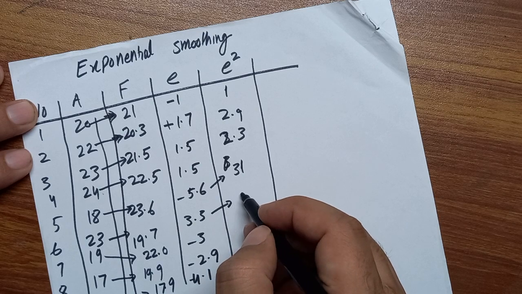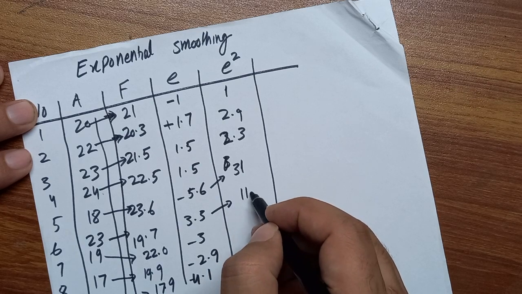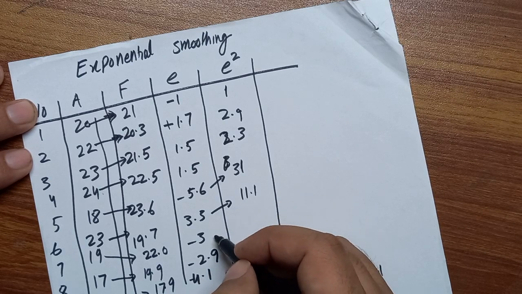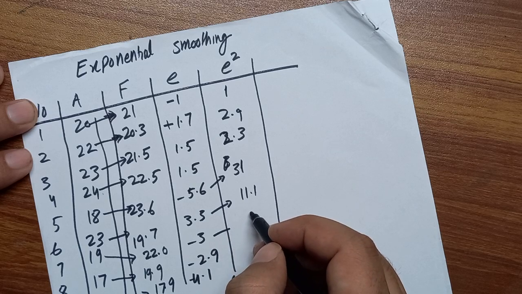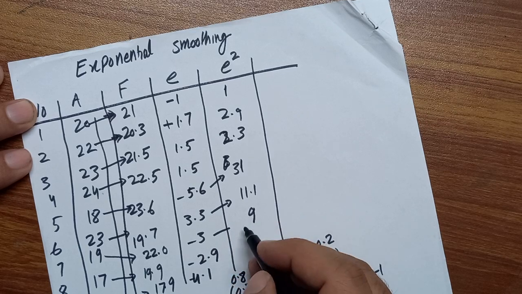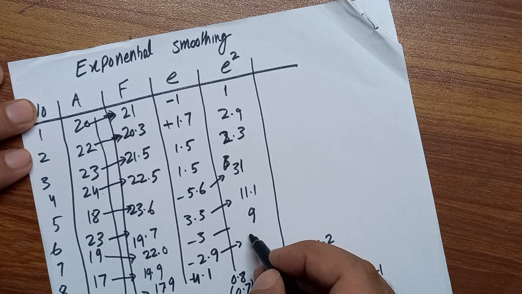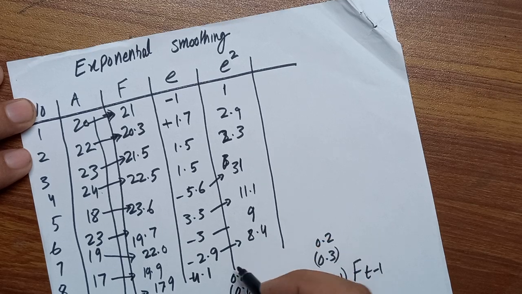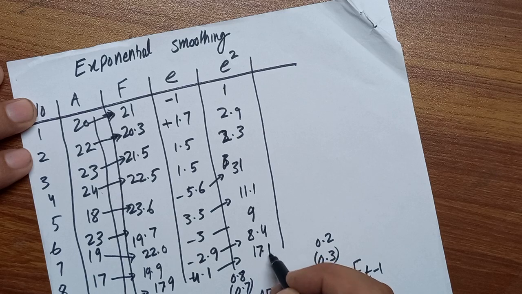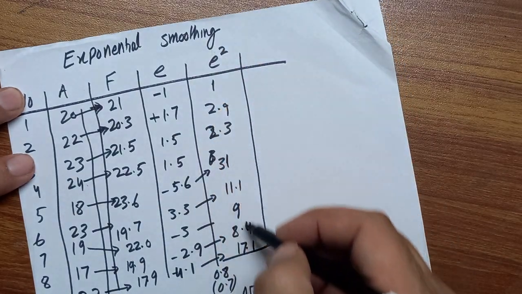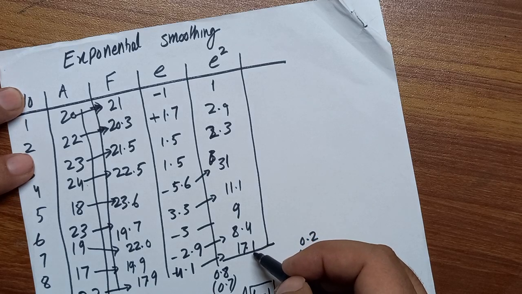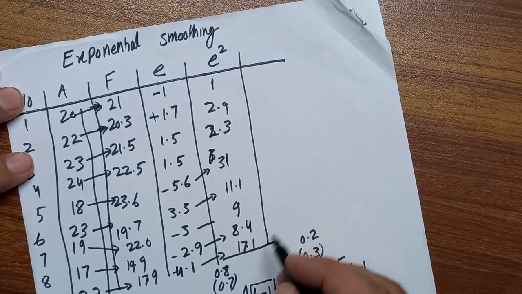So here we have 31, and the square of this will be equal to 11.1, and the square of 3 is 9. The square of this will be 8.4, and the square of this will be 17.1. So here we will add all these error squares.